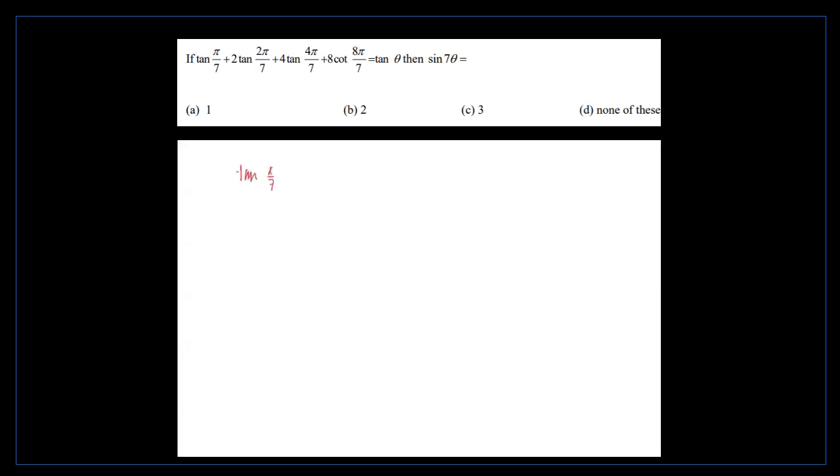Tan pi by 7 plus 2 tan 2 pi by 7 plus 4 tan 4 pi by 7 plus 8 cot 8 pi by 7 equal to tan theta. And we have to find here the value of sine 7 theta.